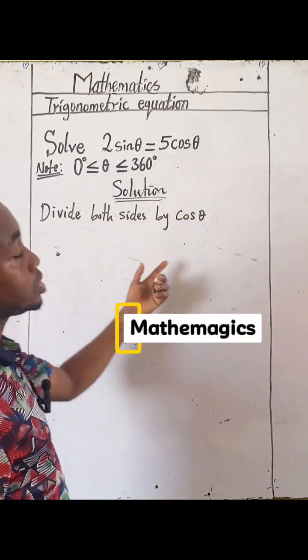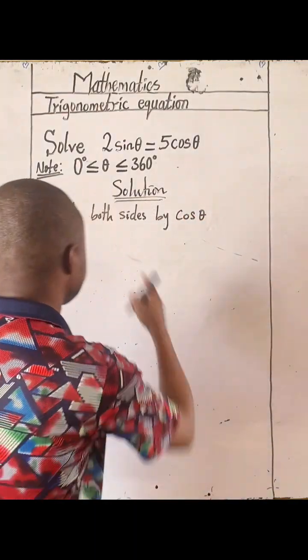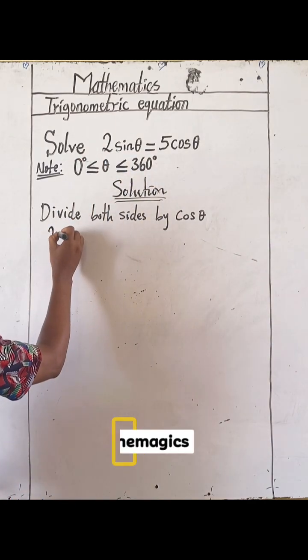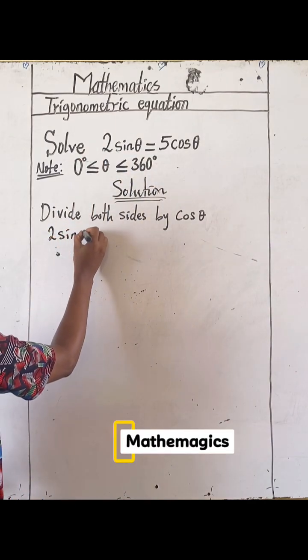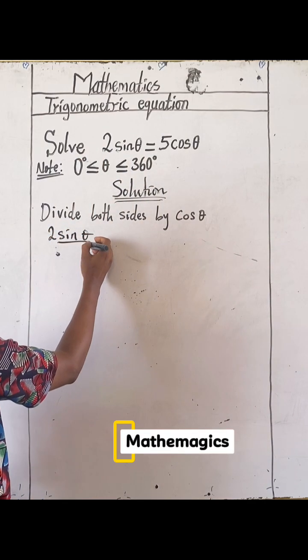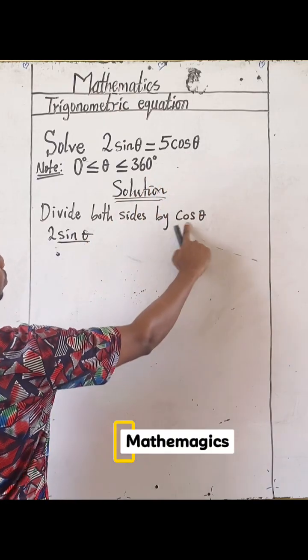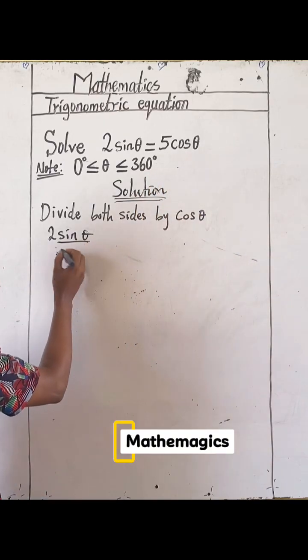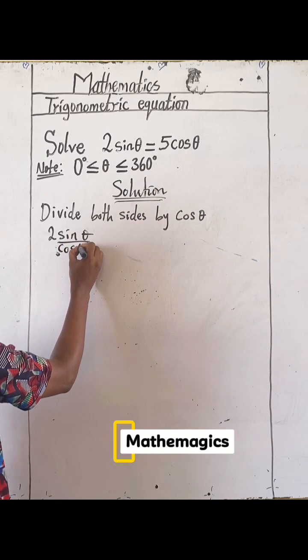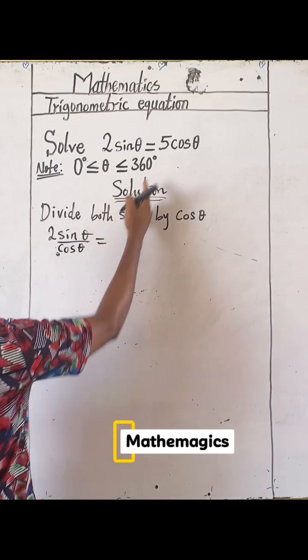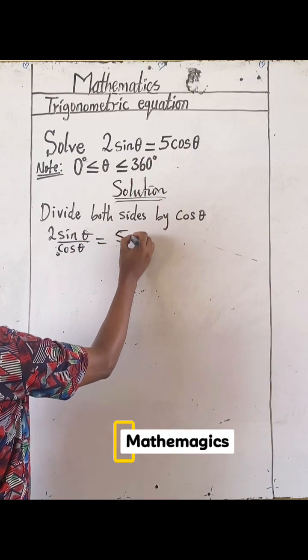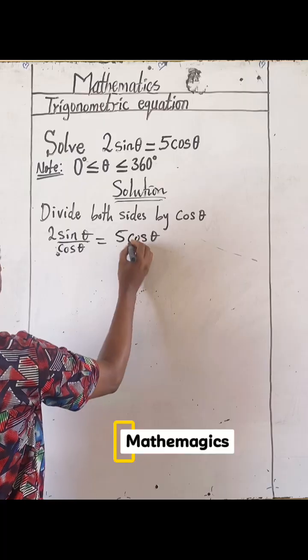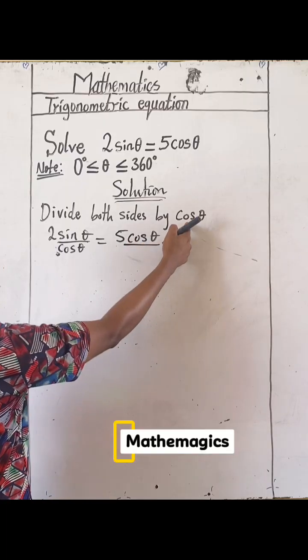If that is the case, we'll end up having 2 sine theta over cos theta, which we are dividing both sides by, equal to 5 cos theta divided by the same cos theta.